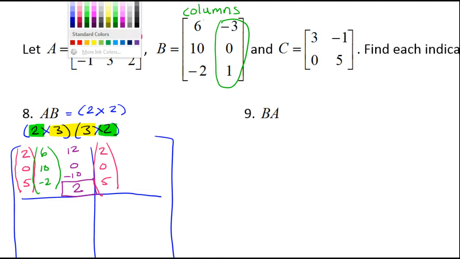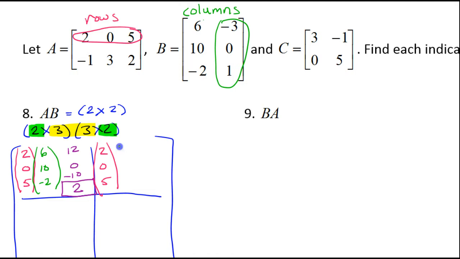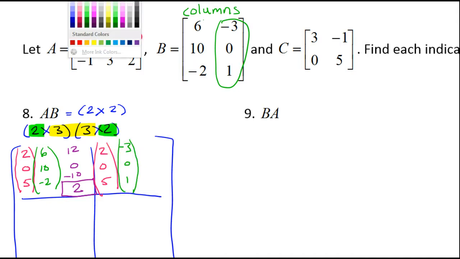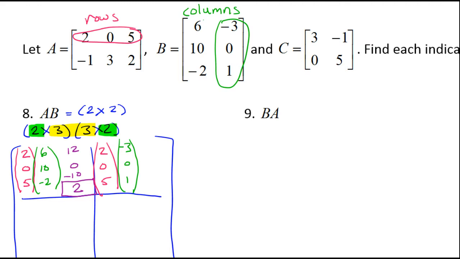And I'm going to multiply that times the second column, which is negative 3, 0, and 1. If I multiply these, I'm going to get negative 6, 0, and 5. If I add these up, I get negative 1. So this is going to be the entry in the first row, second column.